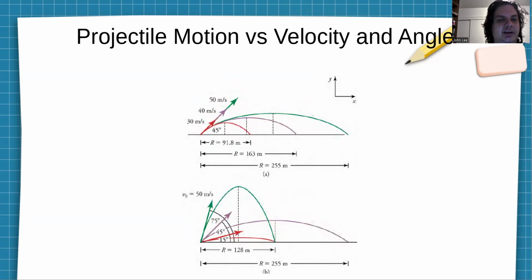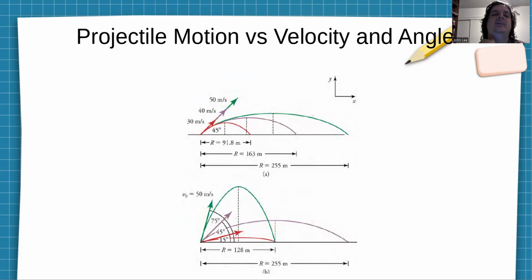So this is pretty obvious what's happening in the first diagram. You throw a bunch of projectiles at different speeds, 30 meters per second, 40 meters per second, and 50 meters per second.